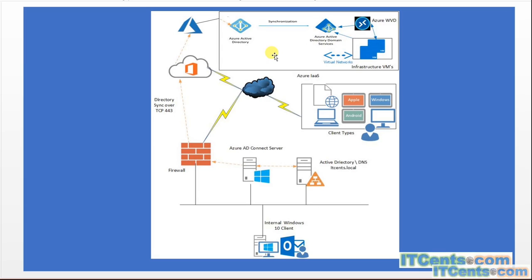Of course, Azure Active Directory Domain Services also allows you to create group policies and create OUs. Not as flexible as on-prem AD, but still much better than not having something at all. Okay. As far as the clients are concerned, this diagram shows that you can have a variety of clients.